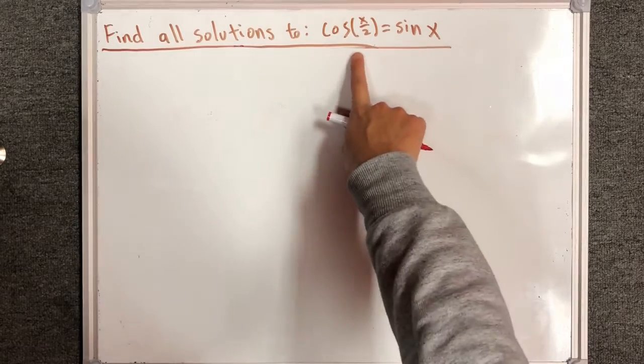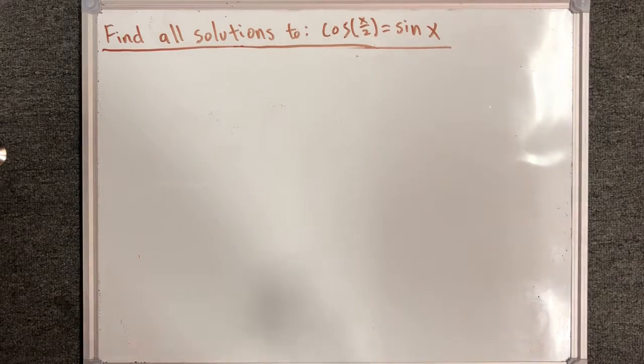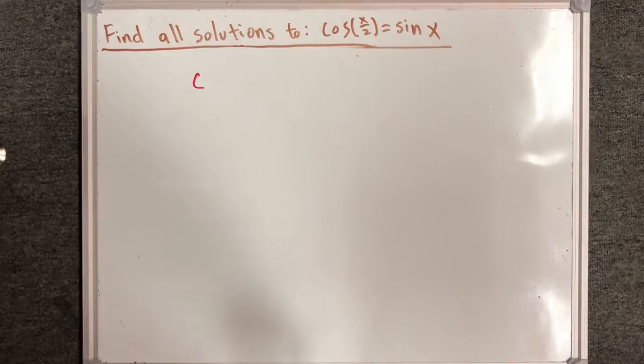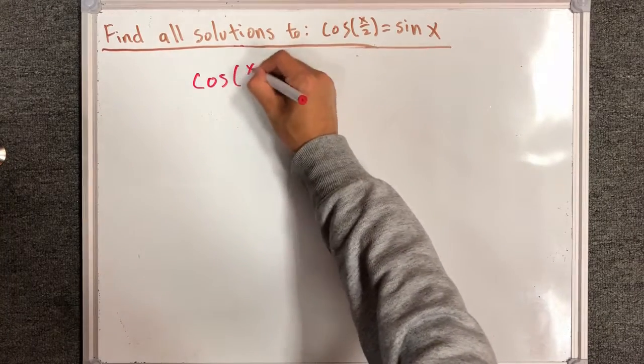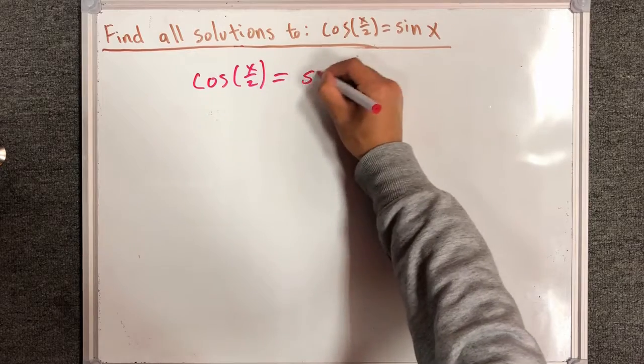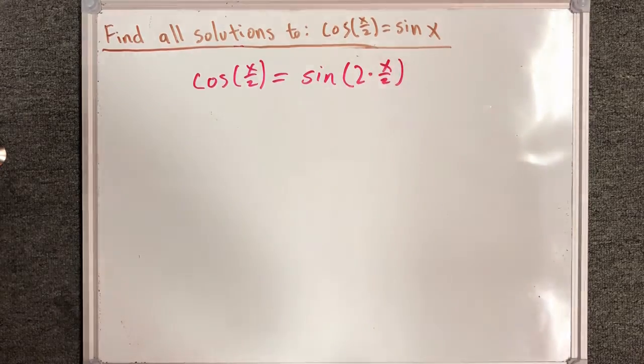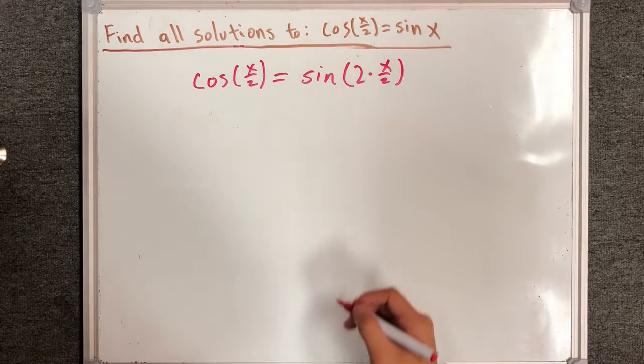Since x over 2 was the thing we had to be careful about, let's just turn everything in terms of x over 2. So we'll have cosine of x over 2 is equal to sine of 2 times x over 2. This side, I can apply the double angle formula.